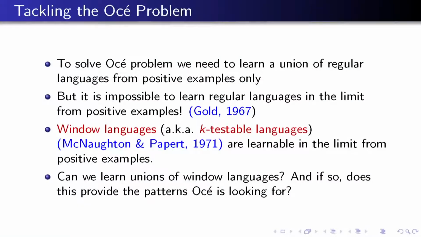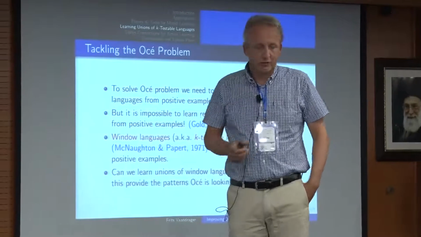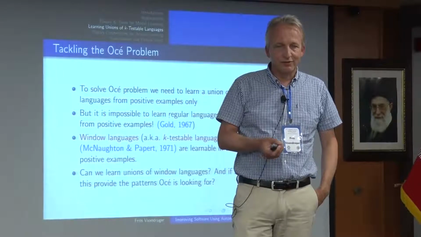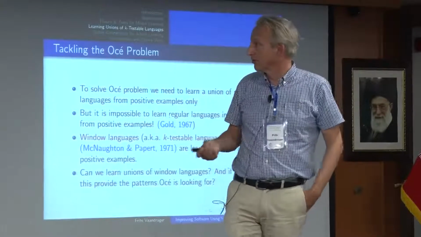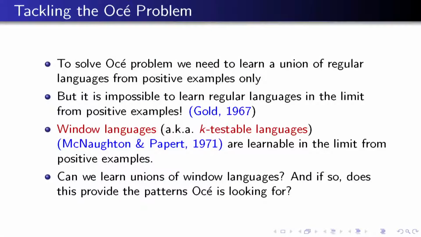Okay, so then we move to an automata theoretic mindset. Each pattern is a regular language, so we want to learn a union of regular languages. And we only have positive examples.